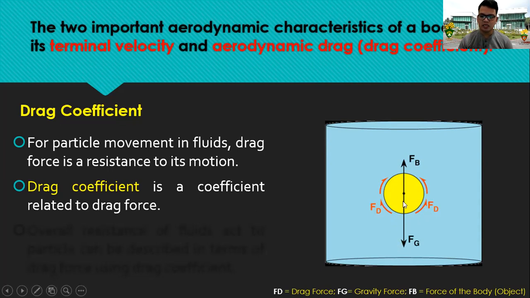You can see that the weight of the apple, or the body, has an equal resisting force, which is also going up. And then the drag force, FD, is the resistance that makes the apple move somehow other than straight going down.